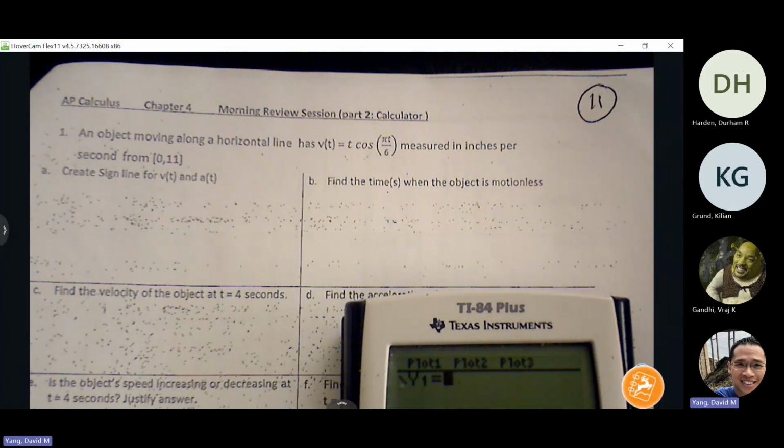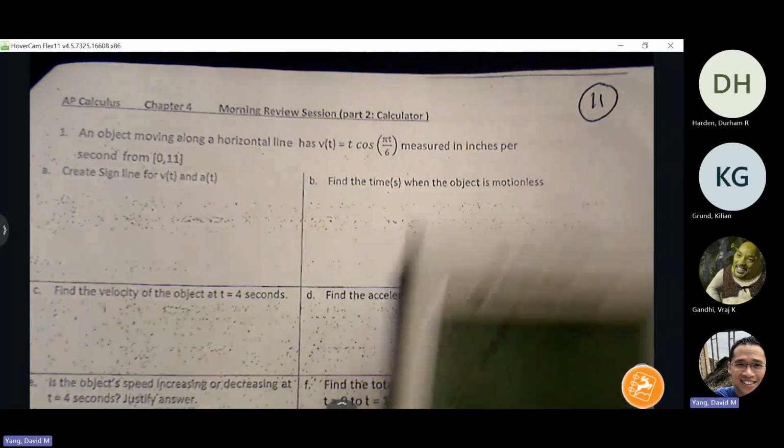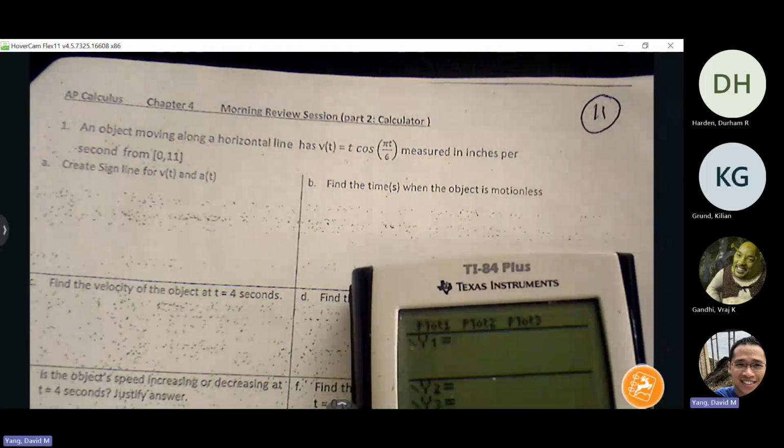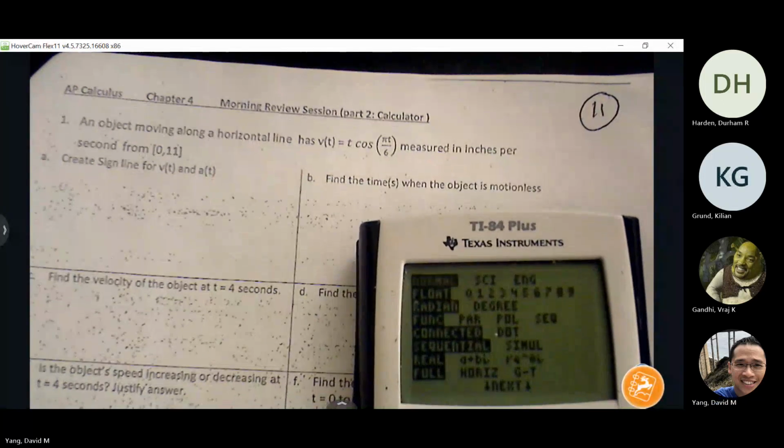Want to go ahead and sketch the graph on our calculator. Make sure you're in radian mode.